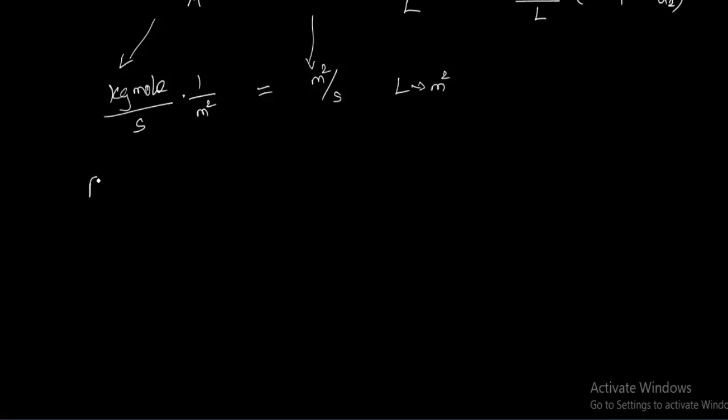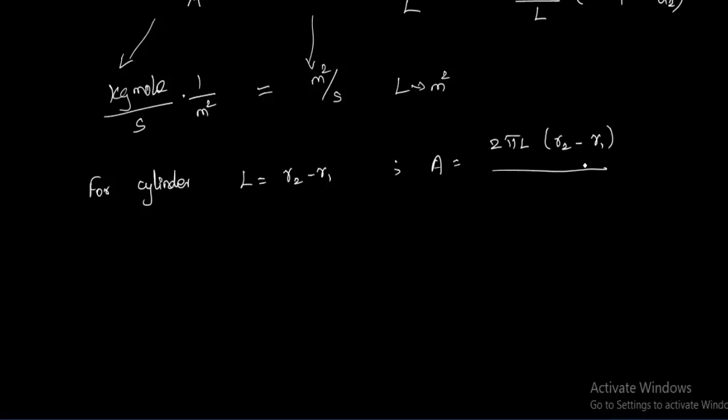For cylinders, L equal to R2 minus R1, where you have to substitute the area value, A equal to 2 pi L into R2 minus R1 divided by ln of R2 divided by R1. This value you have to substitute for area, right?